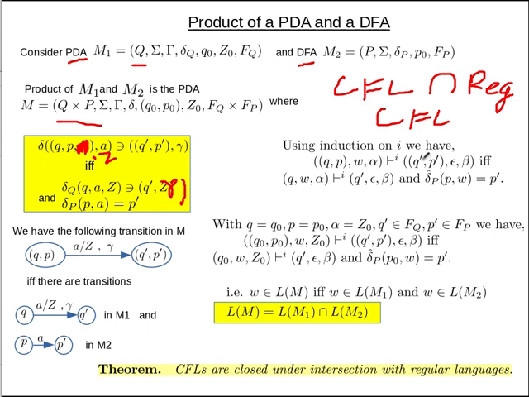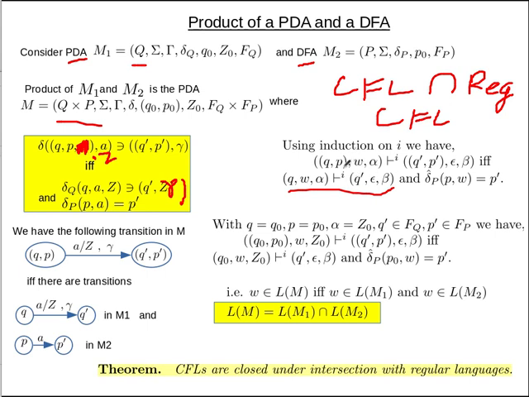So this goes to q prime p prime, and the input is completely exhausted. So all the input symbols are processed, so nothing is remaining, and the stack is now beta. So this happens if and only if separately this happens. So separately this happens means this q goes to q prime, this w is completely processed, and this alpha goes to beta. So this is just for M1.